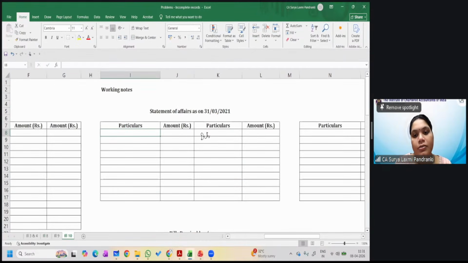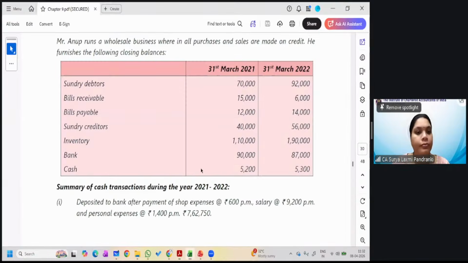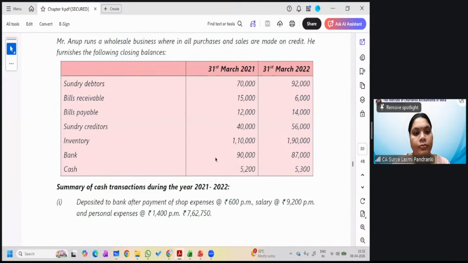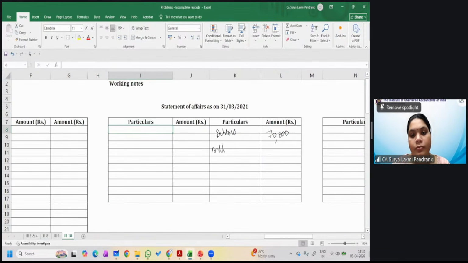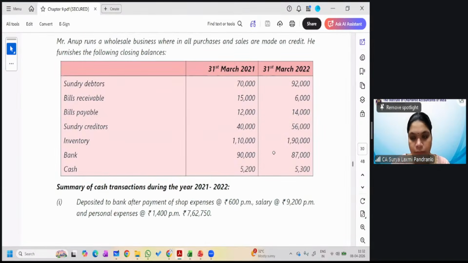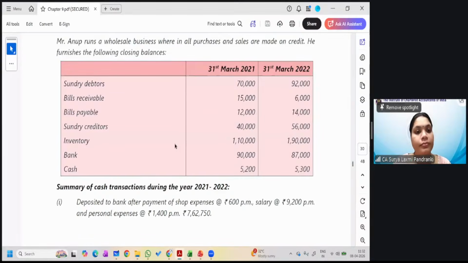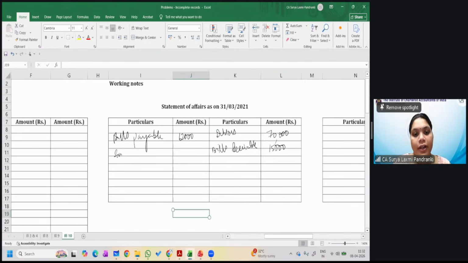We have debtors. Bills receivable. And we have sundry creditors also.